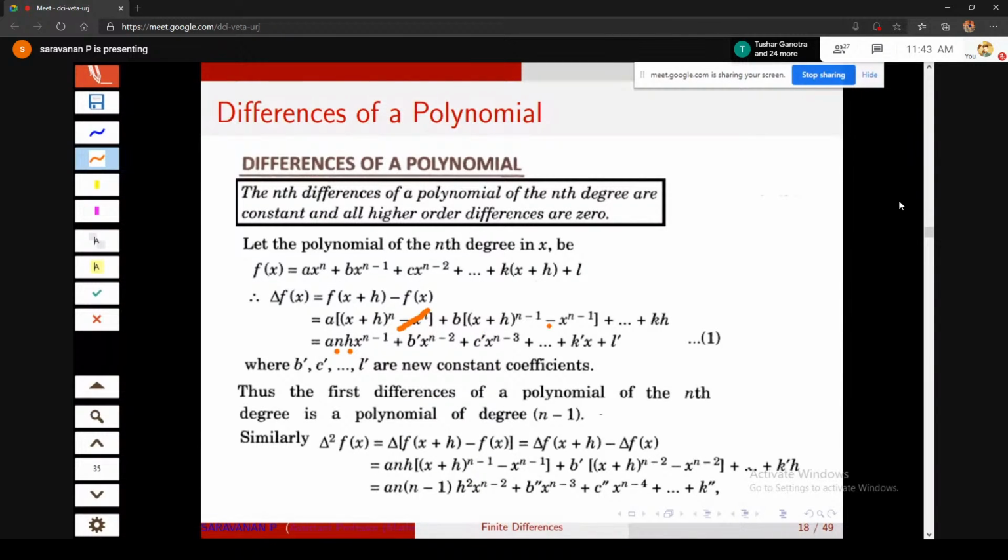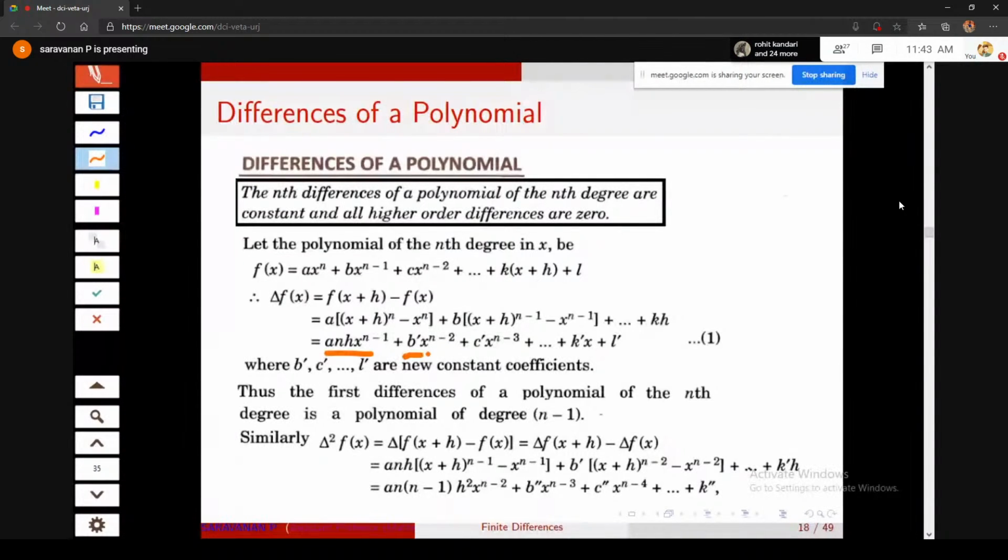Similarly here you will get x power n minus 1, x power n minus 1 will get cancelled. So next term is x power n minus 2. So whatever here it is a polynomial of degree n minus 2, etc. Is it clear? Therefore you will get, only I am writing the first term x power n minus 1. You will get some other coefficient.